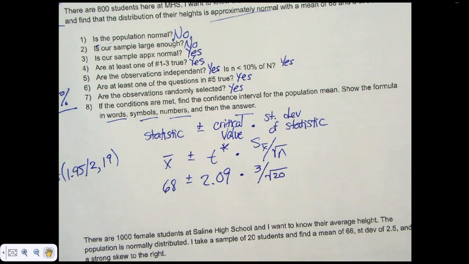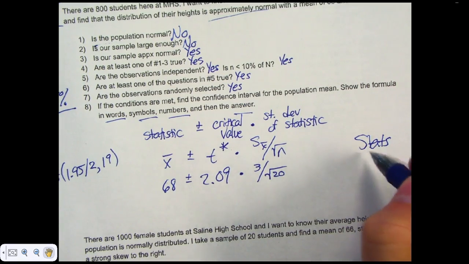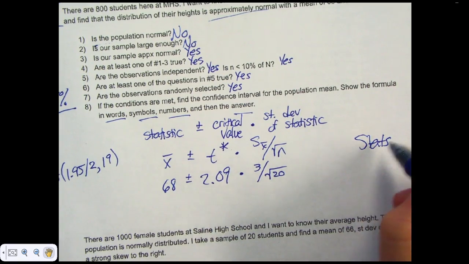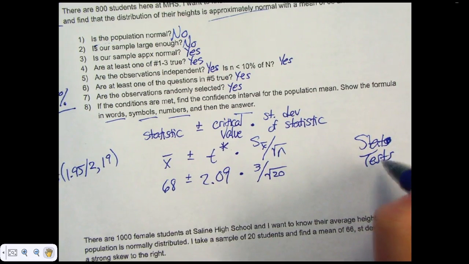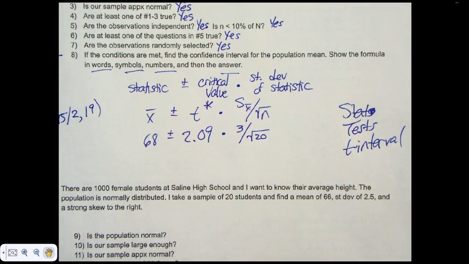But it's way easier to have the calculator do it. So stats, tests, T interval. Then you put in the information. They never ask you for T star. They're going to calculate T star on their own, but you need it to put in your formula here in your sheet.